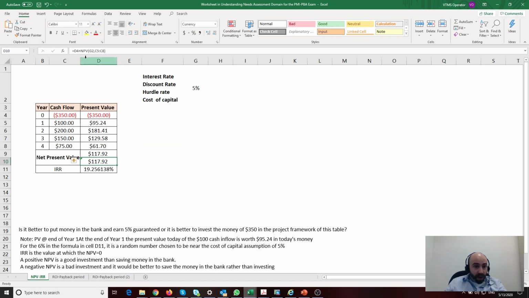In an Excel sheet you have a formula, but make sure you do not forget it's not only the NPV; you will have to add this one to it.